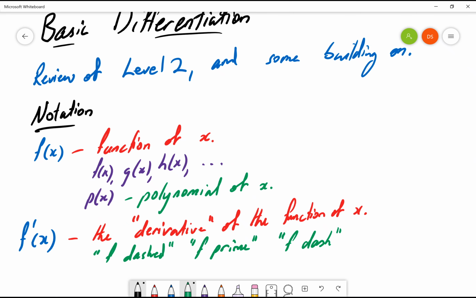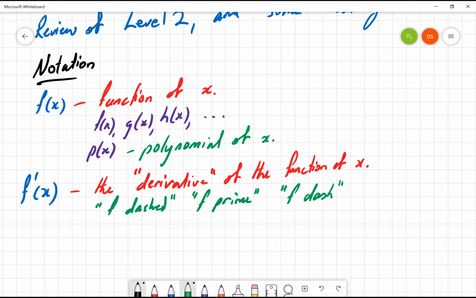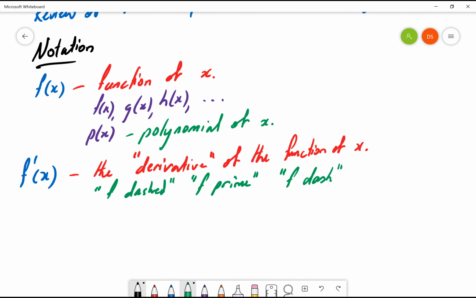And so all of these are ways of calling the derivative. Maybe we should define the derivative. The derivative is the gradient function.